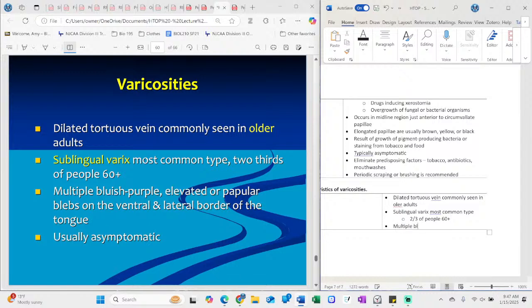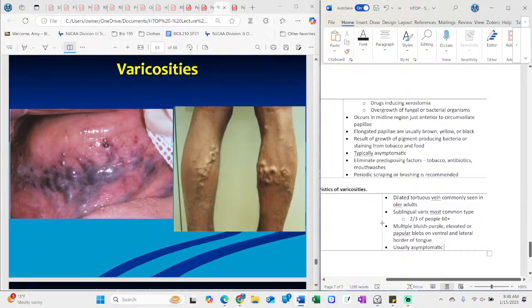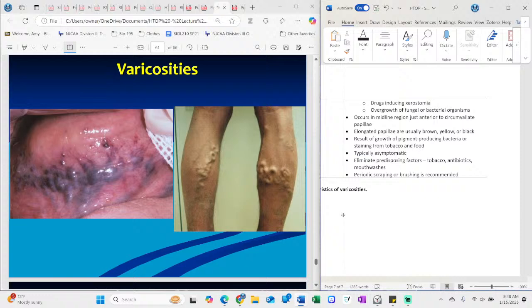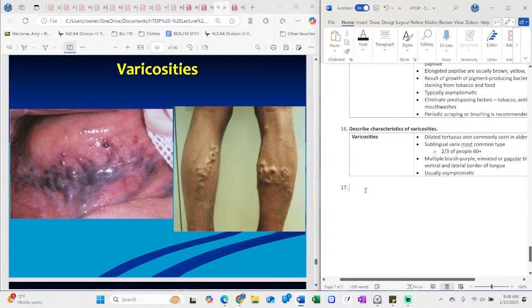Clinically, they look like multiple bluish purple lesions in the mouth, somewhat like this. So this is on the ventral side, on the underside of the tongue. And this is what they look like on the legs. One study suggested that people who have more varicose veins on the legs also have increased incidence of sublingual varicosities.